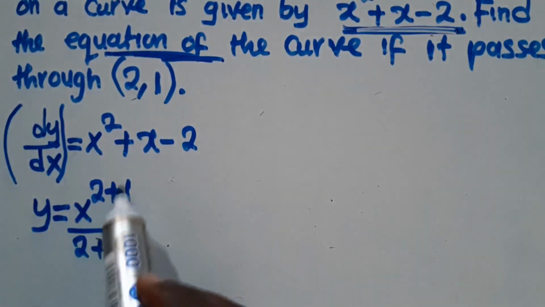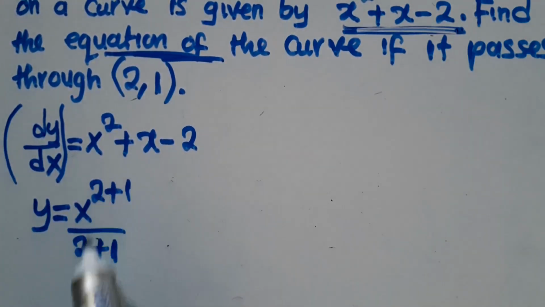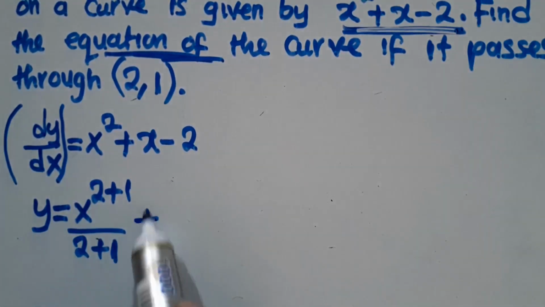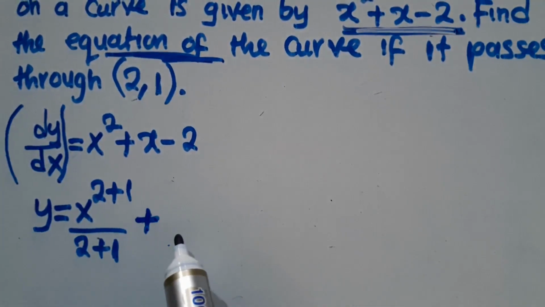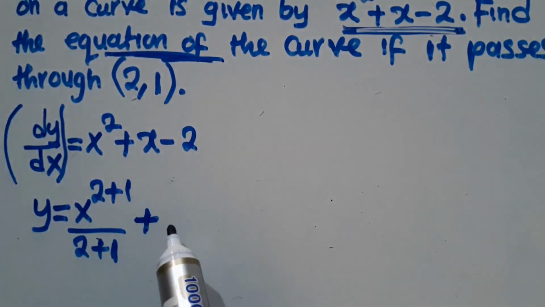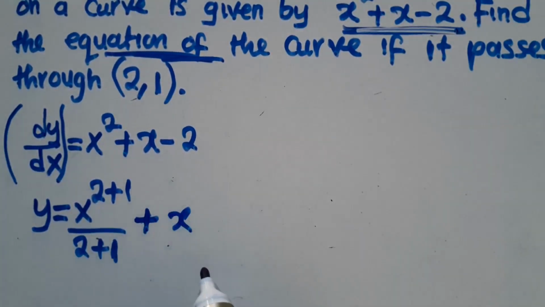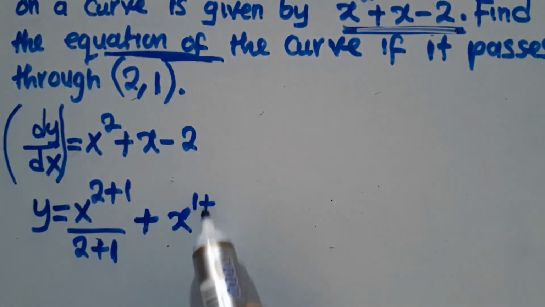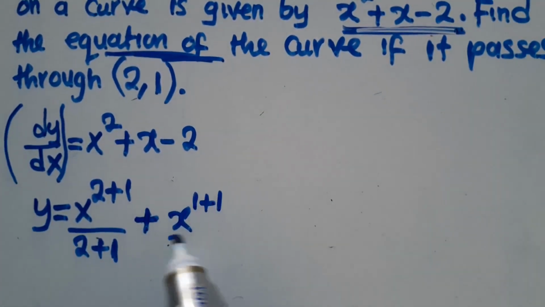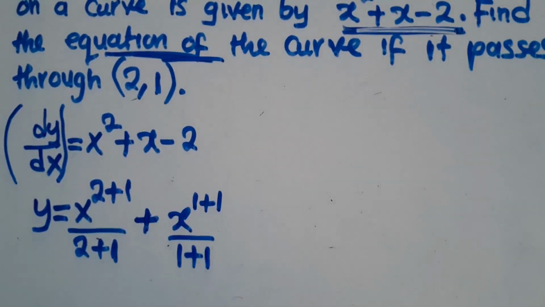Or power add 1. So what is on top comes down. You say plus. This is x. The power is 1. Plus 1 like that. You say over 1 plus 1. This is what you are going to do.